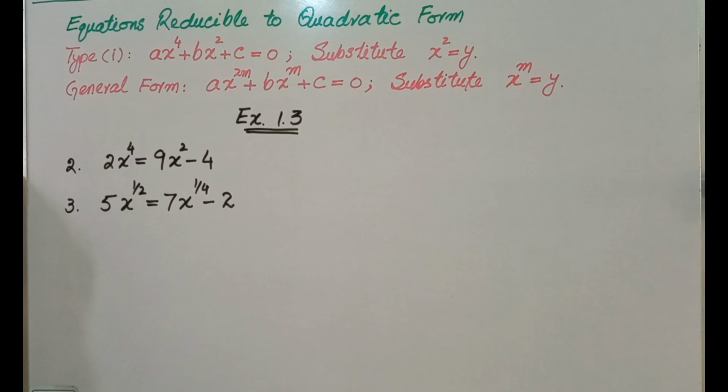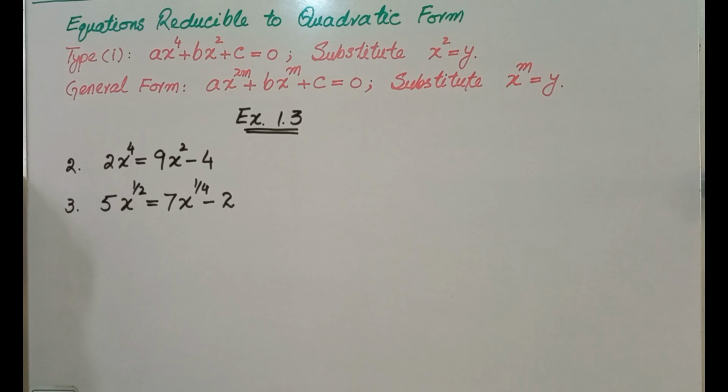We have 2x power 4. First we'll write this in the standard form, that is we'll shift the terms 9x square and minus 4 to the left hand side. This is positive, so it becomes minus 9x square, and this is minus, it becomes positive 4 equals 0.